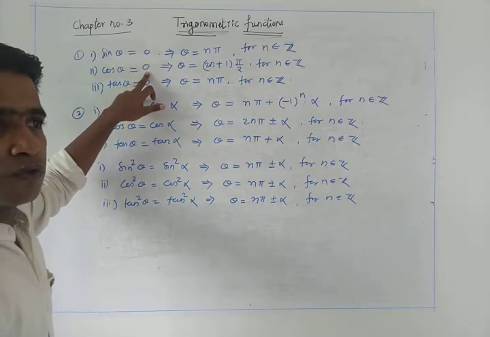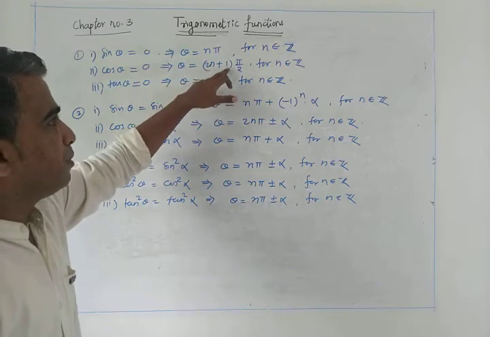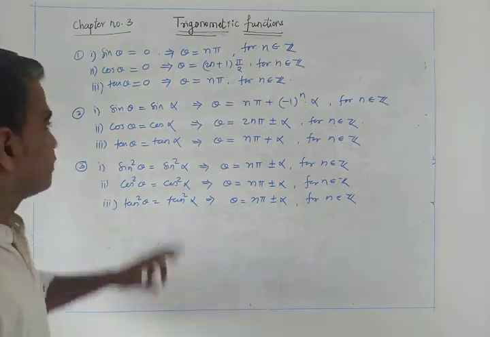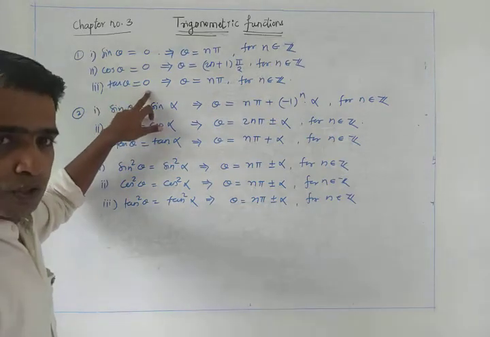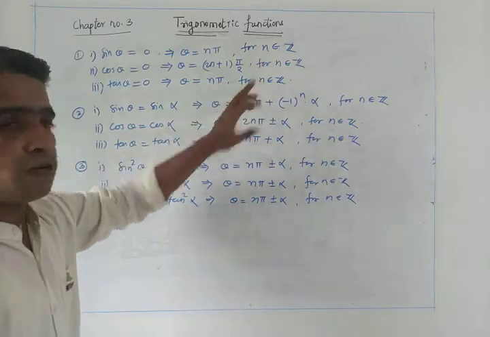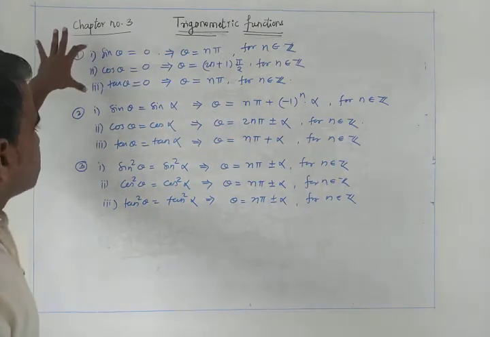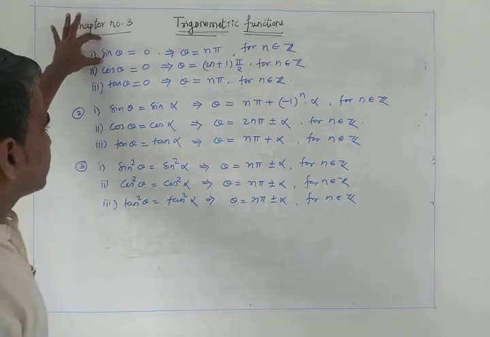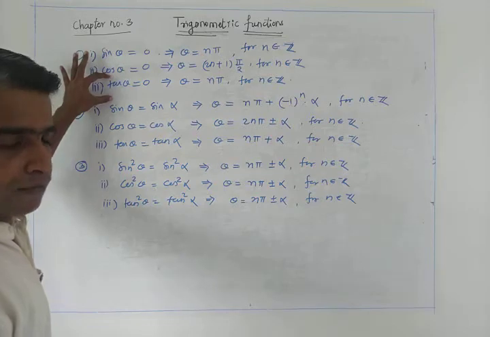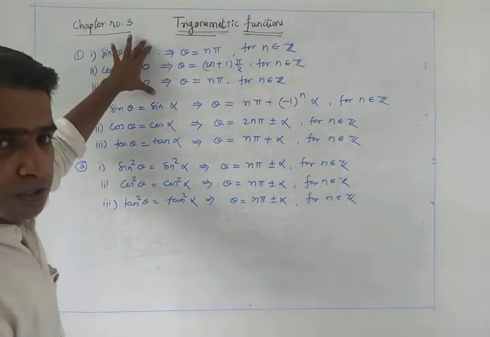If you have the function cos theta equal to 0, then the result is theta is equal to 2n pi plus or minus pi by 2 for n belongs to Z. Tan theta equal to 0, then the result is theta is equal to n pi for n belongs to Z. Now these three formulas only we have to learn, and the same three formulas will be applied for the cosec, sec and cot functions. So this is the first set, where the function is equal to 0.